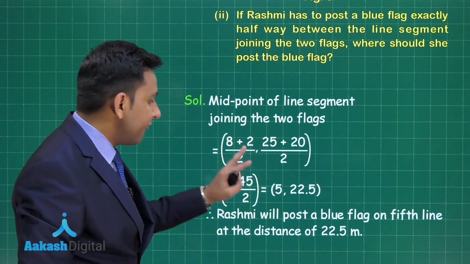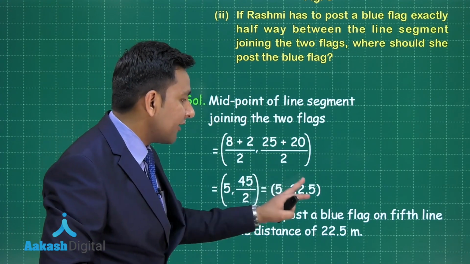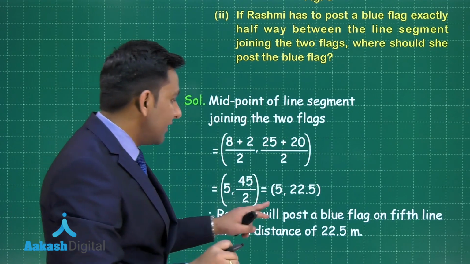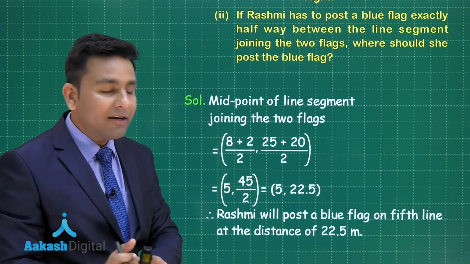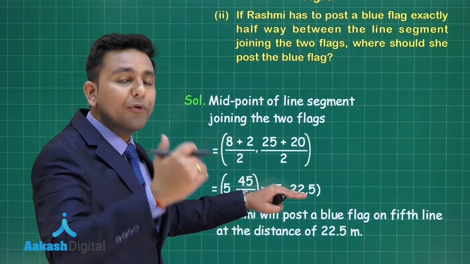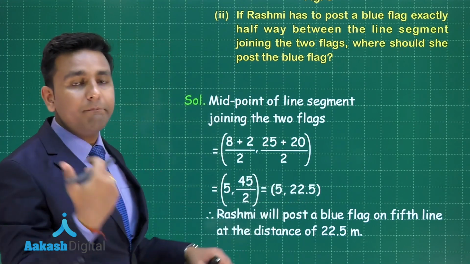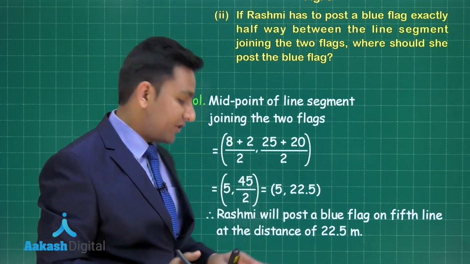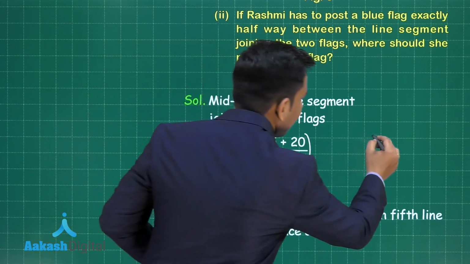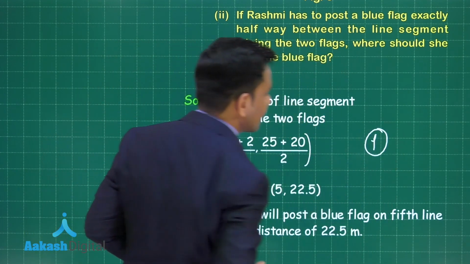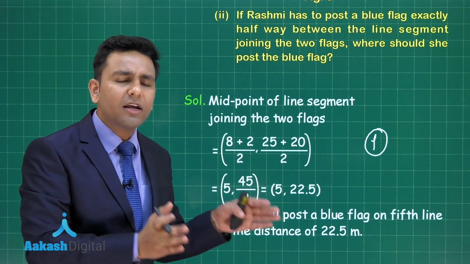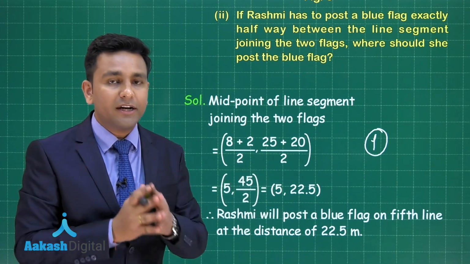So what I'm getting here, 5 comma 22.5. That means this blue flag will be posted on the fifth line and at a distance of 22.5 meter away from the baseline. And this is the answer for the second part of this question. So this second part will give you 1 mark for this question. In this manner, you can score 3 out of 3 for this question based on the concept of coordinate geometry.